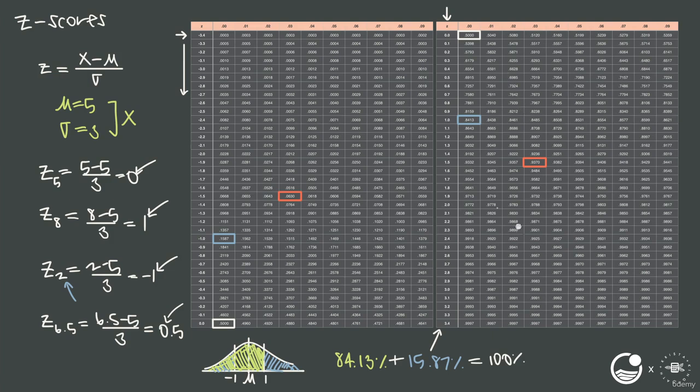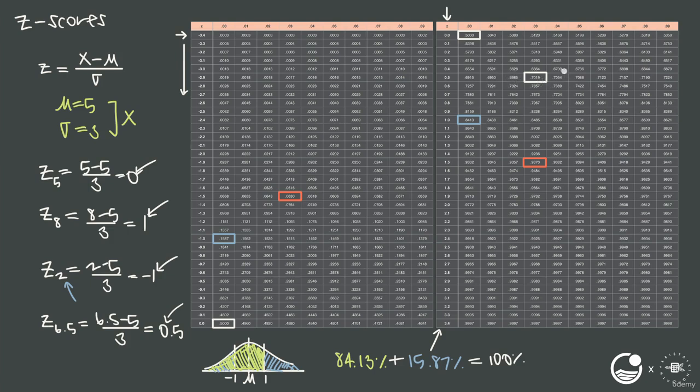So if we come here to the positive side of the z-table and we locate the first value that is greater than 0.7, we see that it's this cell right here, 0.7019. This is the first cell we see that is greater than 0.7. Just to the left of it, we see the first value that is less than 0.7.